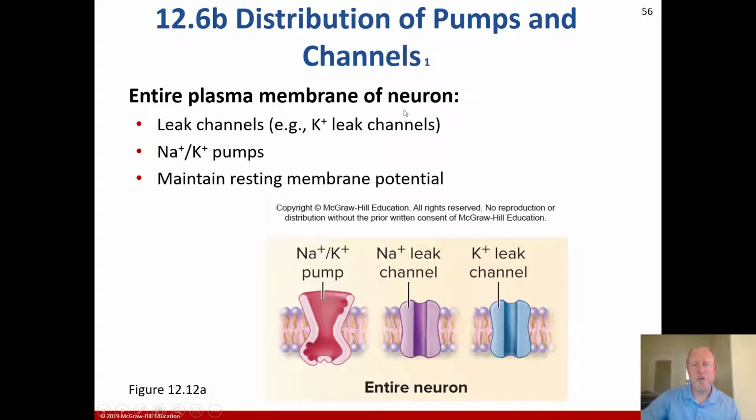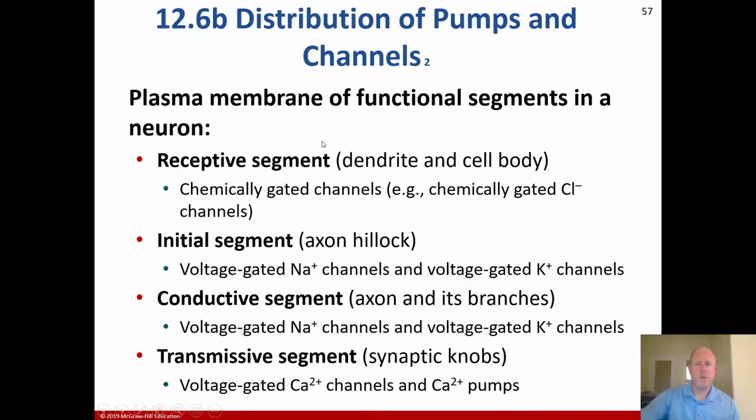The entire plasma membrane of the neuron has leak channels, in this case potassium leak channels and sodium leak channels, and of course has the sodium-potassium pump, and these maintain the resting membrane potential. As far as the distribution of pumps and channels, the plasma membrane of the functional segments in a neuron has the receptive segment, the dendrites and cell body, with chemically gated channels, chemically gated chloride channels here.